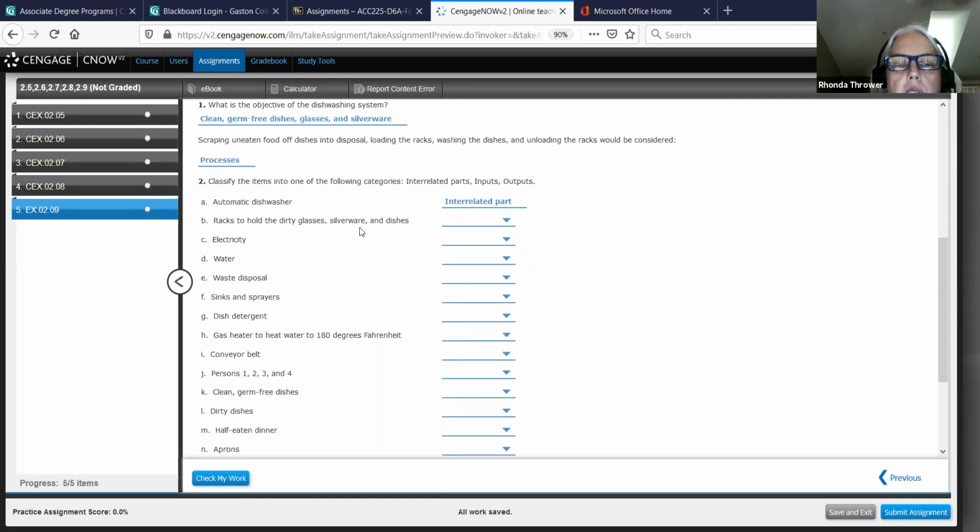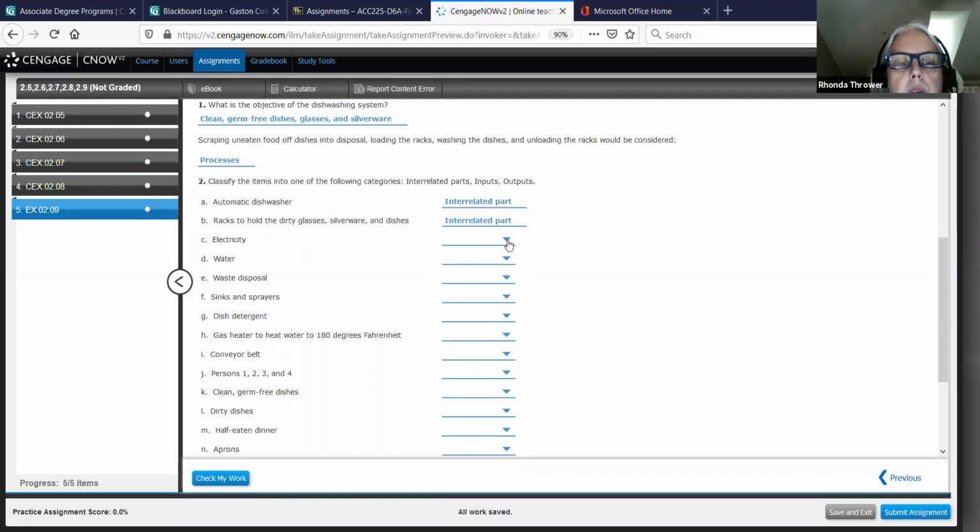The racks to hold the dirty dishes, the silverware and the dishes. We're talking about the racks. The racks are also an interrelated part of this process. You need the racks to be able to hold the dirty glasses, silverware, and dishes so that you can put them into the automatic dishwasher, which is also an interrelated part.